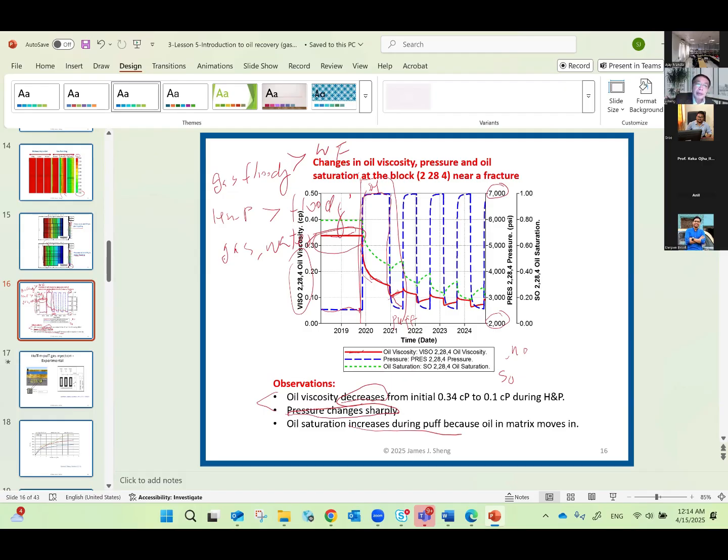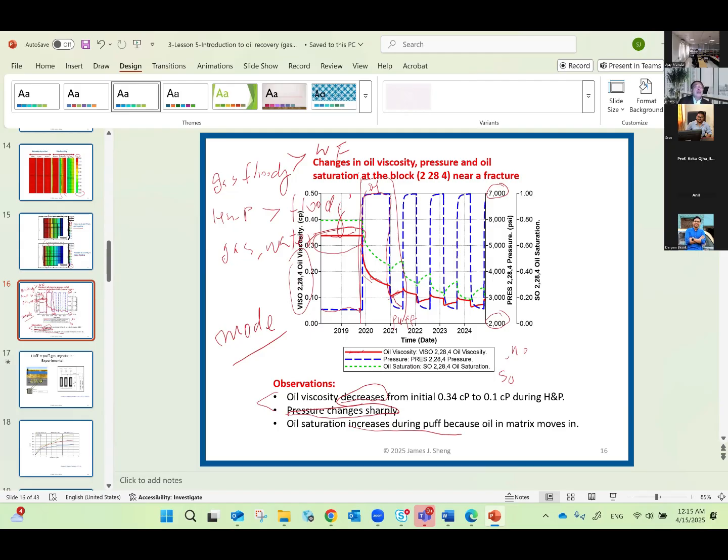Flooding mode. Because Huff-n-Puff can quickly increase reservoir pressure and reduce the viscosity, but flooding takes time to drive oil to the production wells.